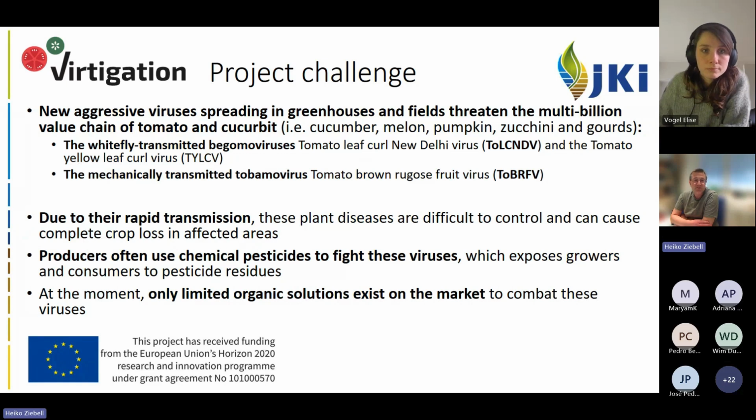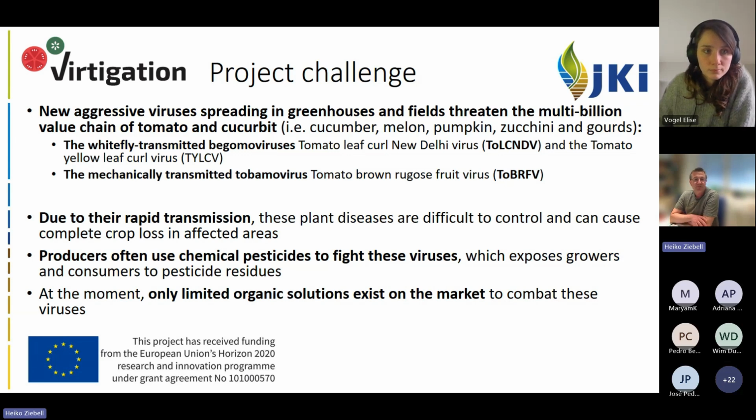In this project, we focused on two very important virus groups: the whitefly transmitted begomoviruses, represented by tomato leaf curl New Delhi virus and tomato yellow leaf curl virus, as well as the mechanically transmitted tobamovirus, tomato brown rugose fruit virus.